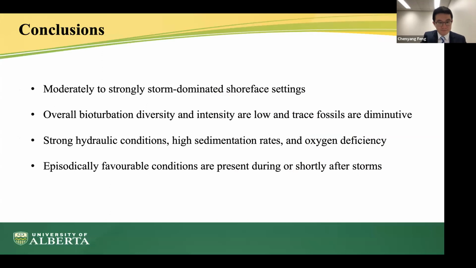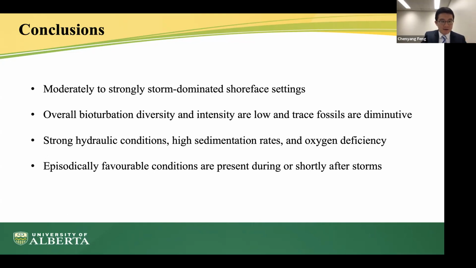A brief conclusion. The deposition of the Montney Formation in this study area may have happened within moderately to strongly storm-dominated shoreface settings. Under this environmental background, the overall bioturbation diversity and intensity are low, and the trace fossils are small in size.